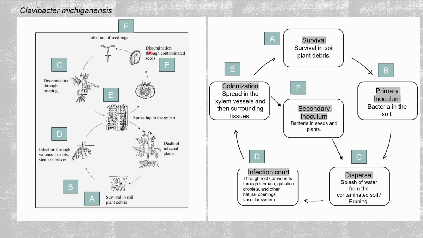Okay, and why is that part important? To know that the bacterium is going to move to the stems, to the leaf, or to the seeds or the fruits, because these bacterial seeds and bacterial plants are going to be our secondary inoculum.